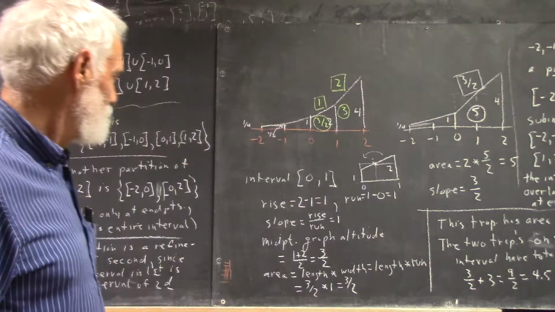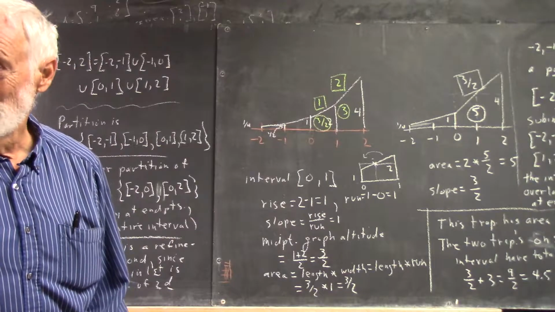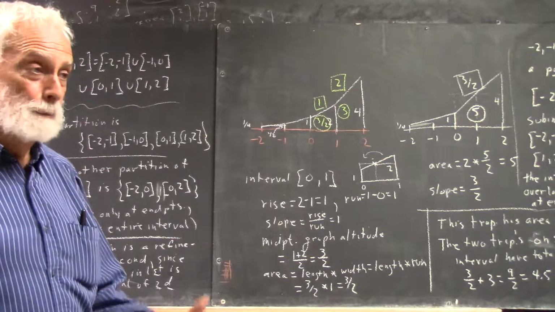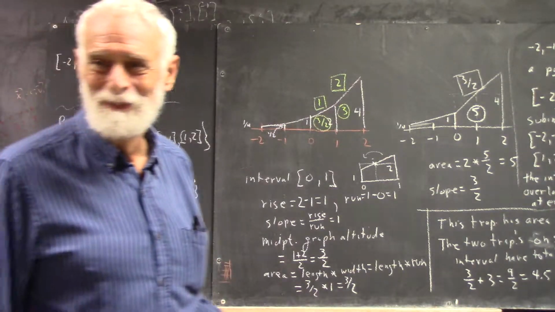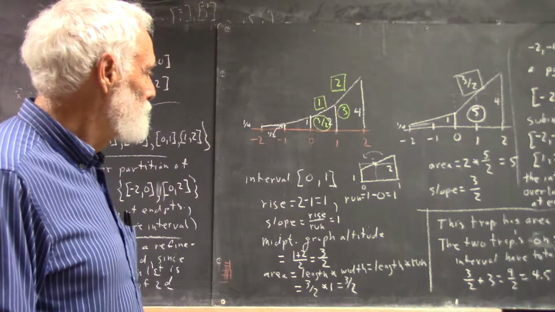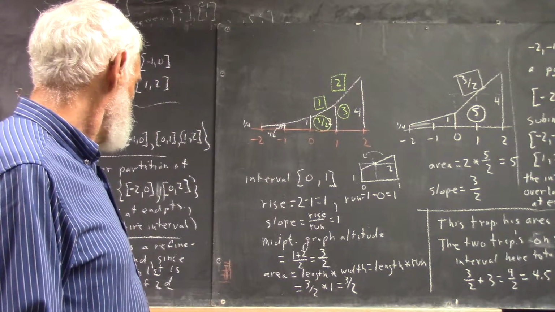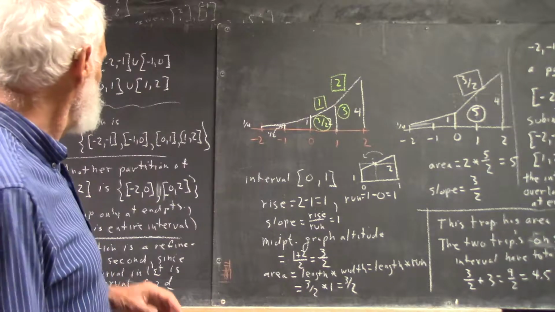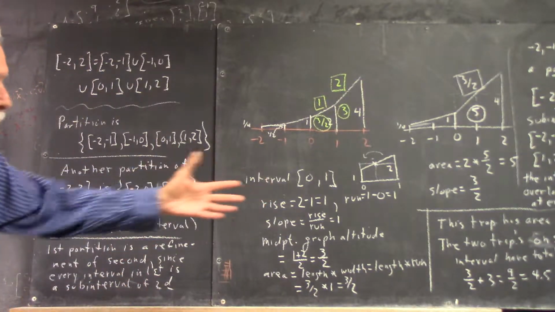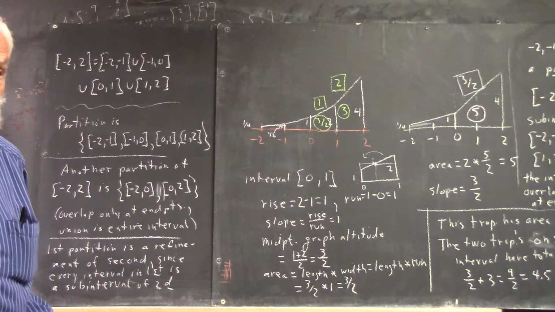So I respectfully disagree with their opinion, and they think I'm a complete idiot. I don't know, I think they respect it. We'll see how it works out. We're going to get some statistics on it. It's new. Well, that's a digression, but we understand partitions and refinements.